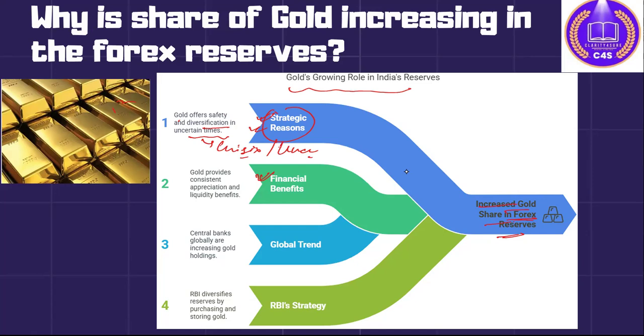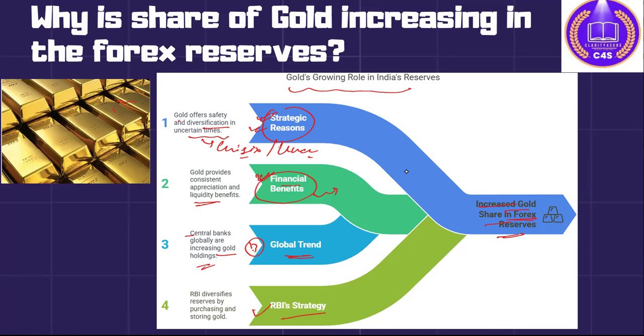Second one, the financial benefits. Gold provides consistent appreciation and liquidity, because the price of gold is continuously increasing. So financial benefits are associated with gold. Third one, global trade. Other central banks globally are also increasing their gold holdings, as we have understood through the previous slide.